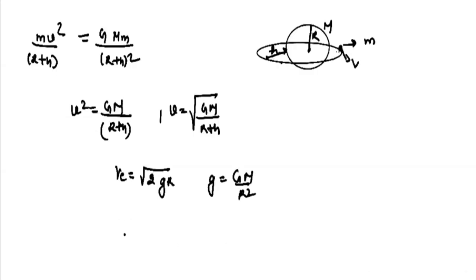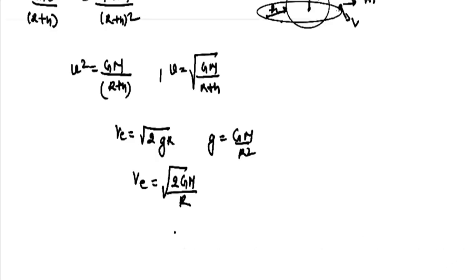Now we know that the escape velocity here will be equal to under root 2 GM by r. So now in the question they have given us that v is equal to half of the escape velocity.